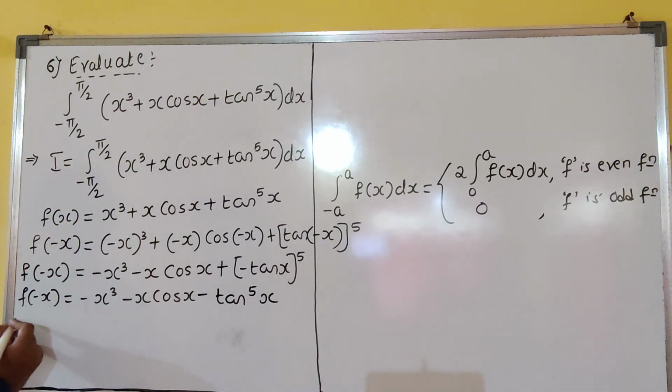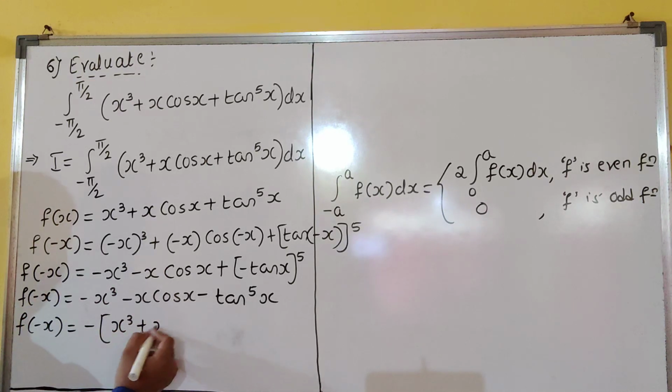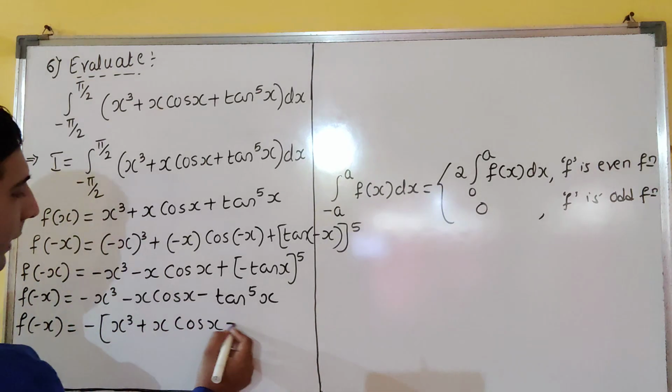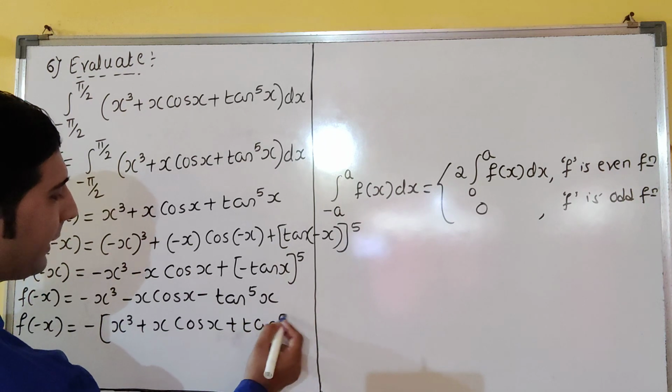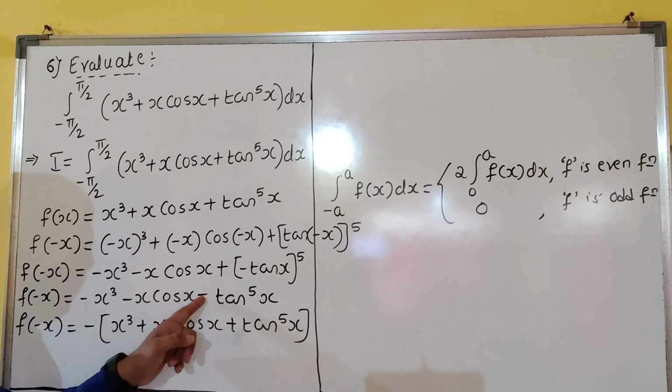So you take minus out: x cube plus x into cos x plus tan raised to 5x. Plus in minus into plus is minus, minus into plus is minus.